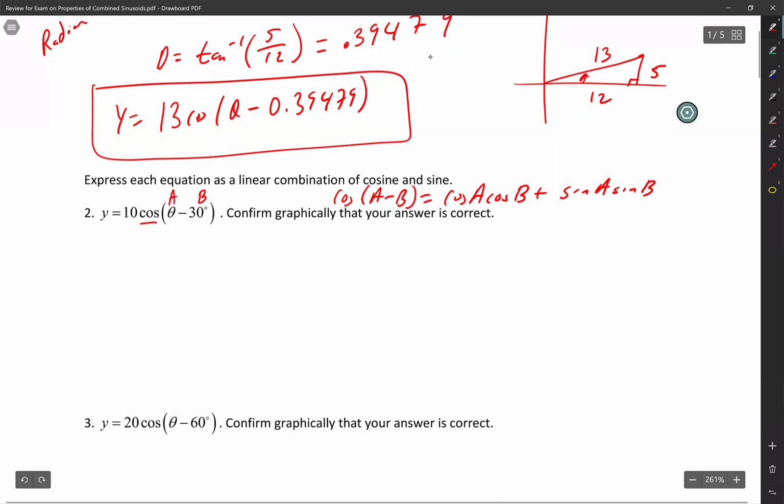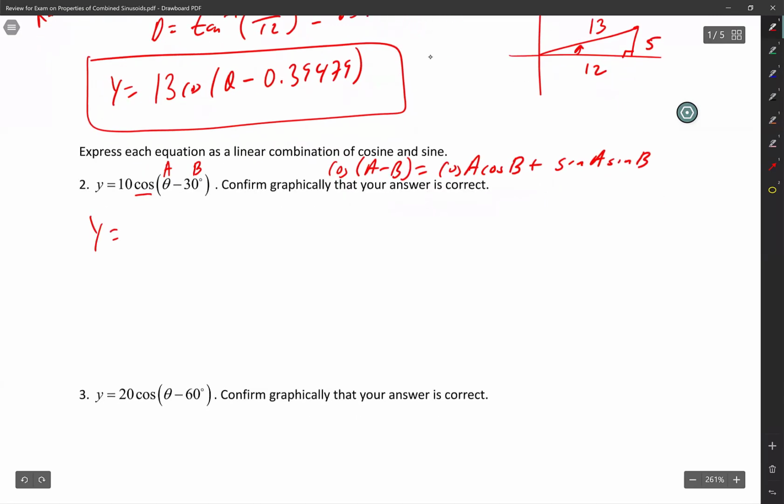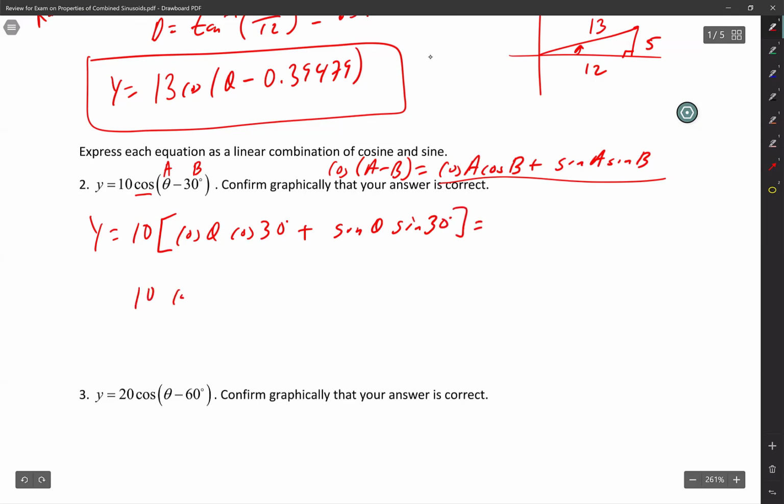And then from there, I'm just going to go ahead and rewrite this. Y equals 10 bracket. Here I am, guys. I'm going to use this. So I'm going to write cosine theta cosine 30 degrees plus sine theta sine 30 degrees. And then distribute the 10. So 10 cosine 30 degrees cosine theta plus 10 sine 30 degrees sine theta.